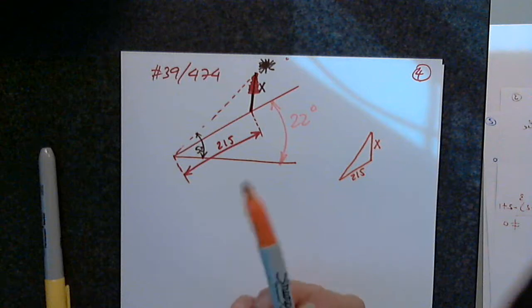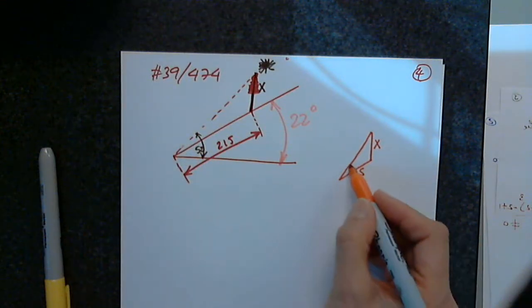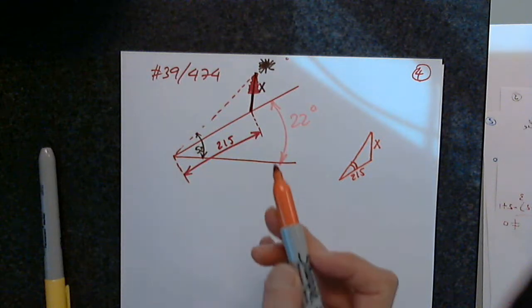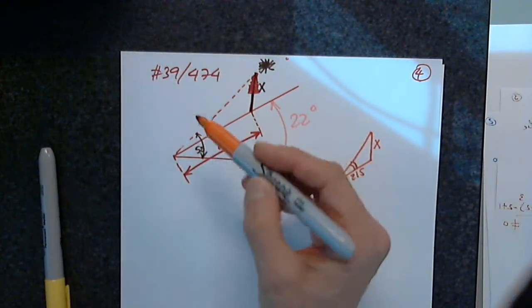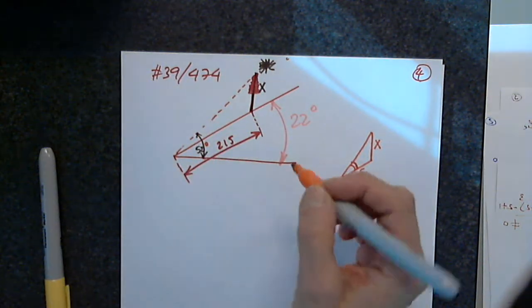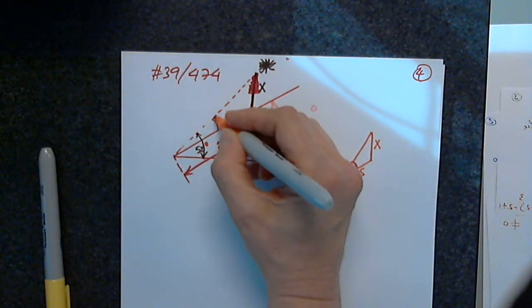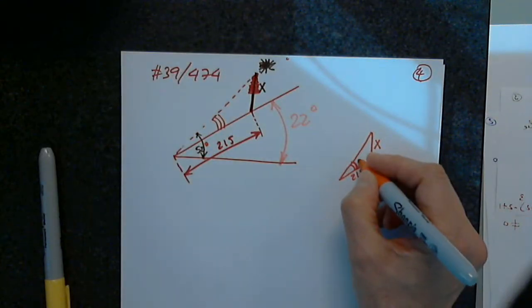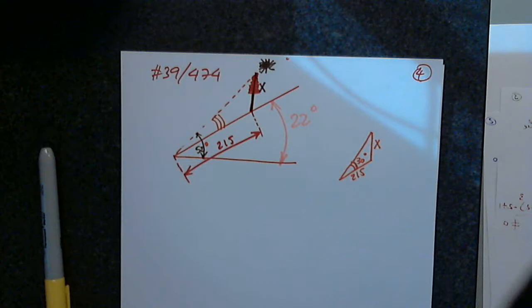And I do have this angle because this one is 52 degrees. 52 from here to the horizontal, and this one is 22. So therefore I have this, which is definitely 30. Very good. And somehow this is not a right triangle, so somehow I have to determine something else.